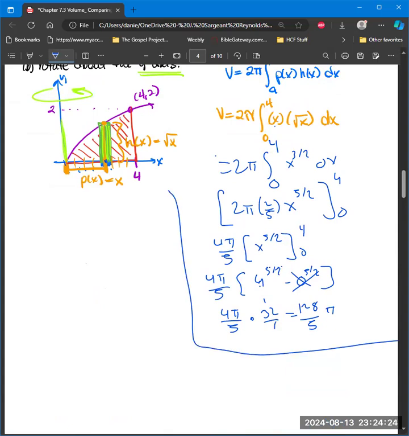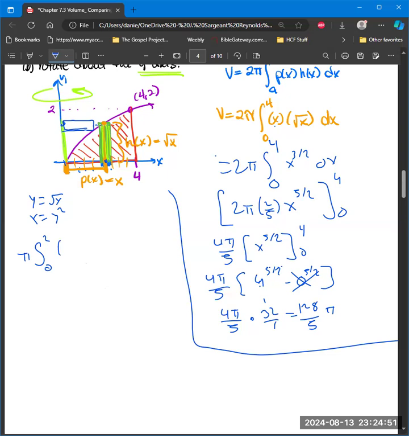So if I instead try and make my rectangle go this way here, so it touches the axis of rotation, then instead of y equals the square root of x, we would have to make it x equals y squared. And we would have to go from y equals 0 to y equals 2. And this would be pi, because now we're perpendicular to the axis of rotation.